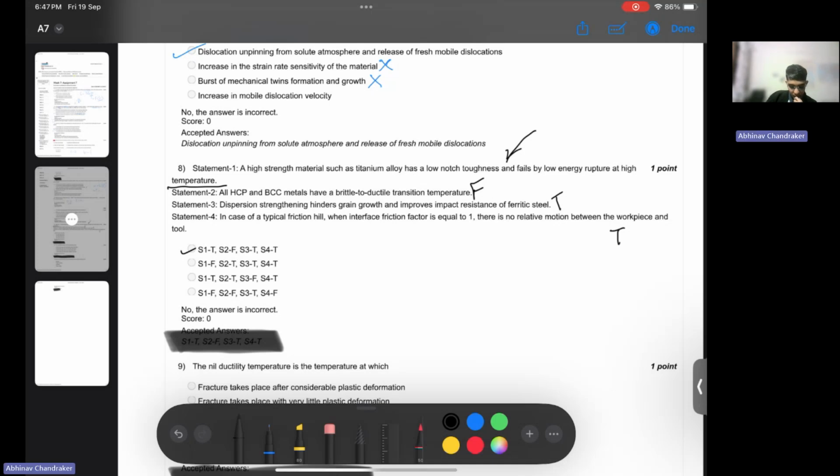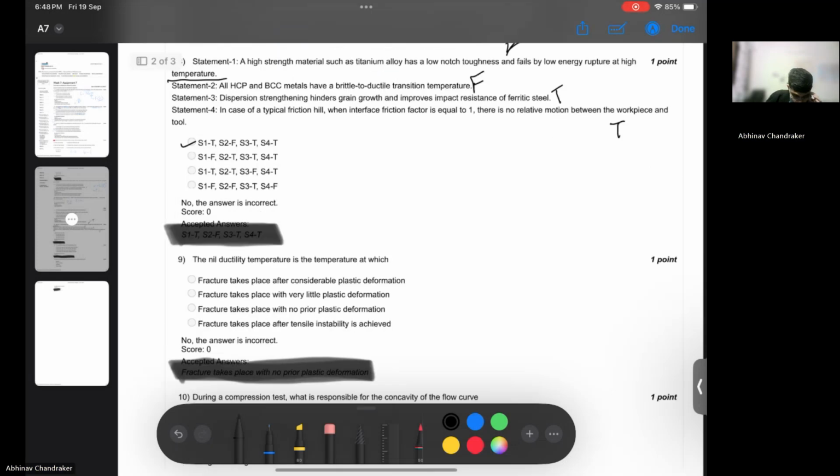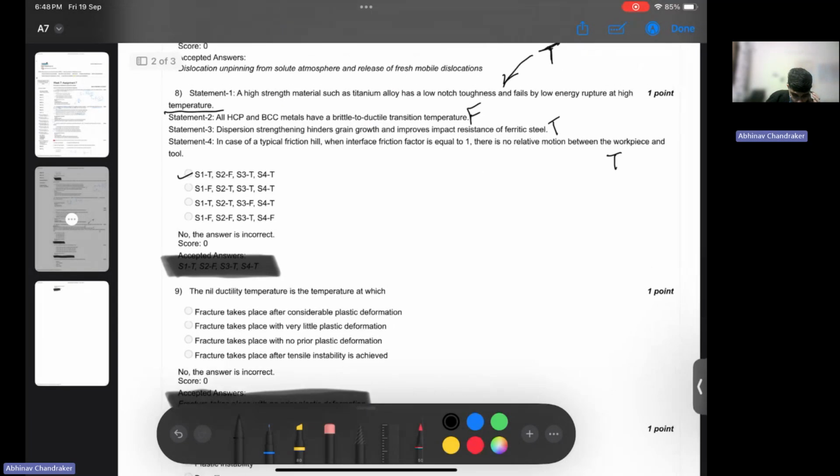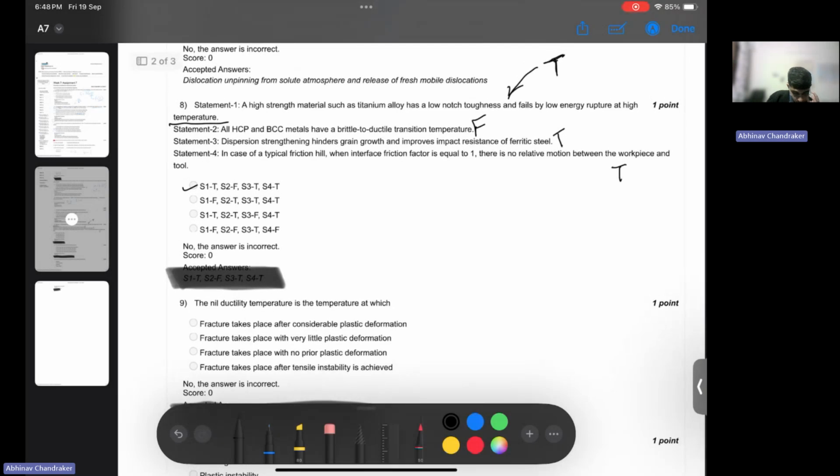And due to the high DBTT, we expect that even at high temperature, it might be brittle and fail by low energy rupture and have low notch toughness. So this can be true. We can just understand it that way. But this is assuming that even at the highest temperature, the DBTT is not reached. I think now we will be correct. True, false, true, true.